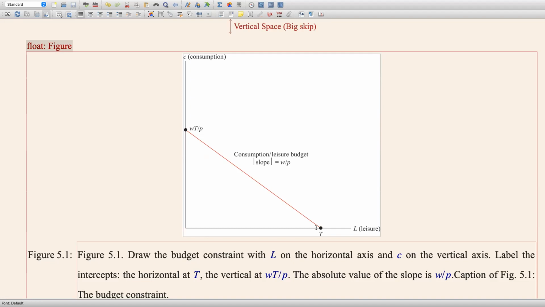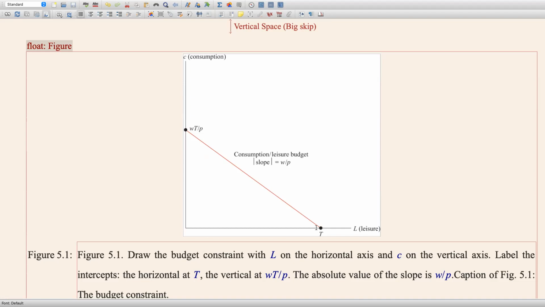Second thing, what about the intercept? What I just told you: W times capital T divided by P. That means if I'm forced to sleep, then of course this will be less than 24 hours, it will be a contraction. Without changing prices or wages, it will just be a parallel contraction towards the origin. If I move to another planet with a different movement around the sun, and I have more hours in the day, then for sure I have more time.